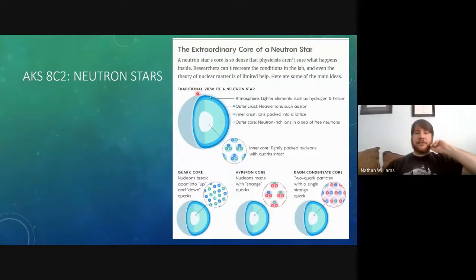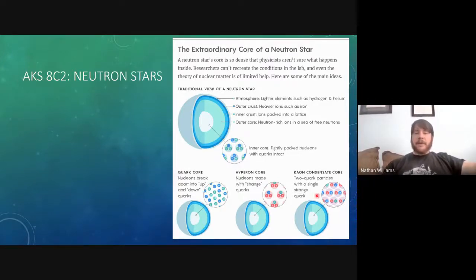Here we have the traditional model of a neutron star, which says that in the inner core you've got tightly packed nucleons, which is just a group name for protons and neutrons, because they're normally both found in a nucleus. Tightly packed nucleons with their quarks intact. So in other words, this traditional model says the core contains protons and neutrons, and they're really dense and very close together, but otherwise nothing especially strange is going on.